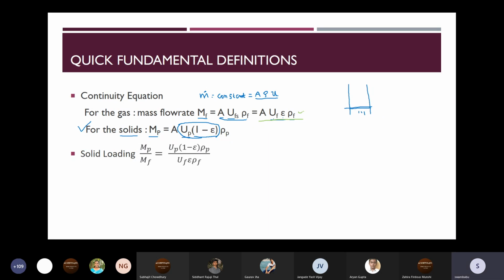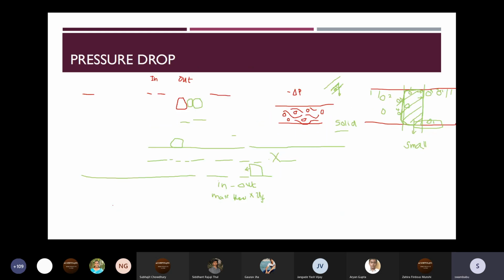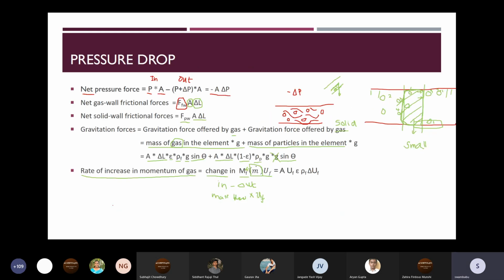So I have just substituted that expression here. mf is A into uf into epsilon into rho f into the change, so we have delta uf. That way we get the rate of increase in momentum of the gas. Then we have the rate of increase in momentum of the particles, that is mp into delta up, so we get A into up into 1 minus epsilon into rho p into delta up.